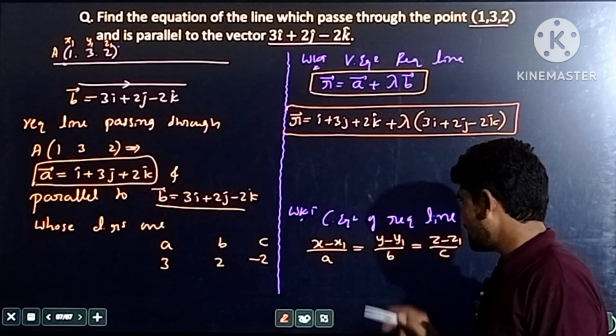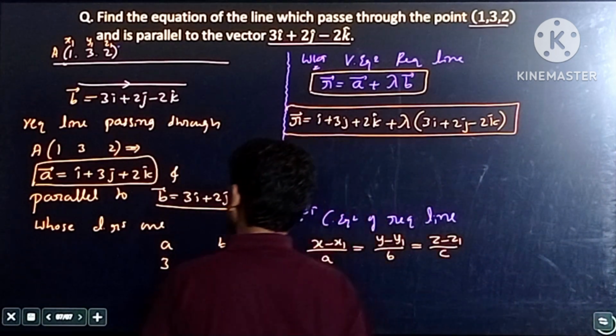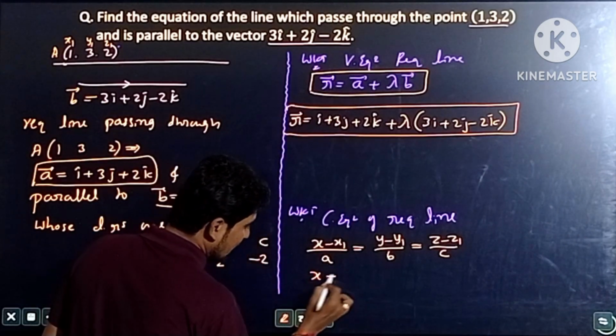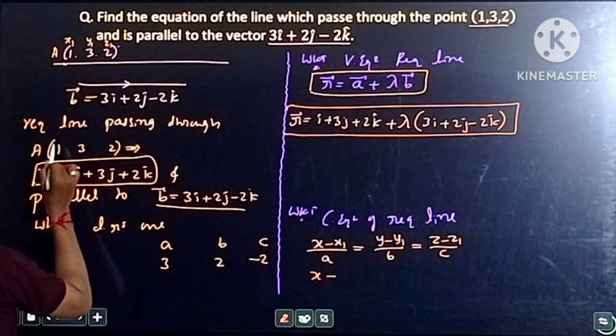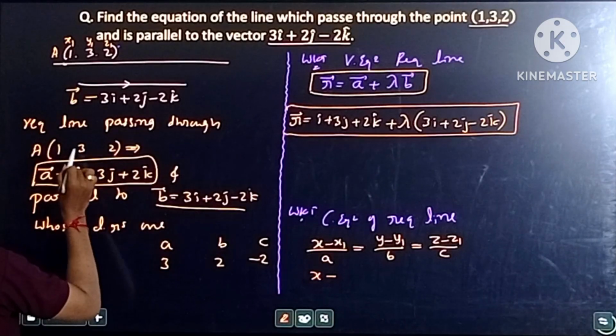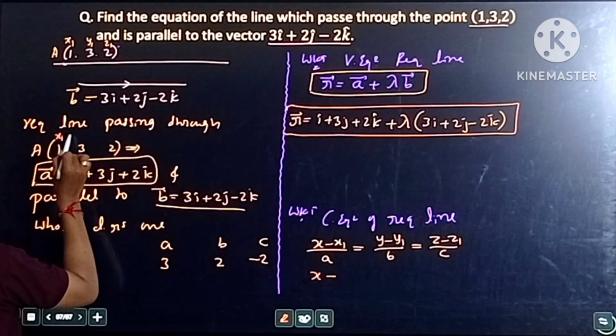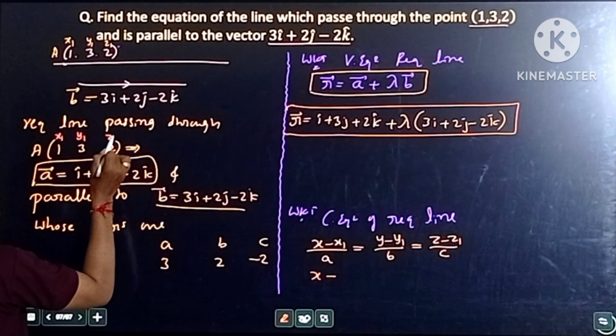And the Cartesian equation of the line is x minus x1. The value of x1 is 1. The line passes through the point 1, 3, 2, which are the coordinates of a point known as x1, y1, z1.